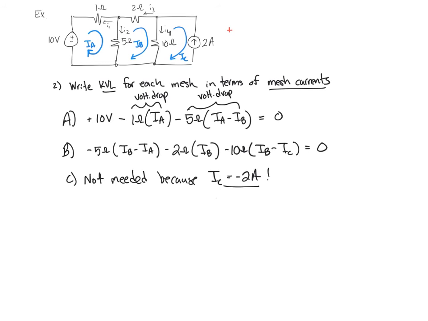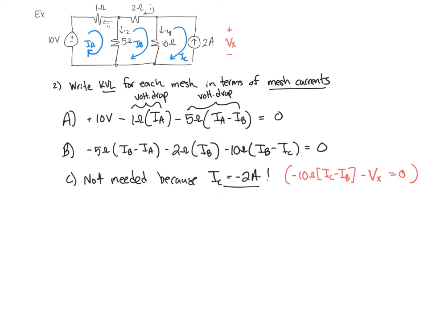So we could define voltage Vx, for example, across the 2 amp source, writing a KVL that was minus 10 ohms times IC minus IB, and traversing through, it's a voltage drop across the 10 ohm resistor, positive to negative, and across the 2 amp source is a voltage drop, so minus Vx, and that would equal 0. So if we wanted to find the voltage across that source, that's how we would do so.